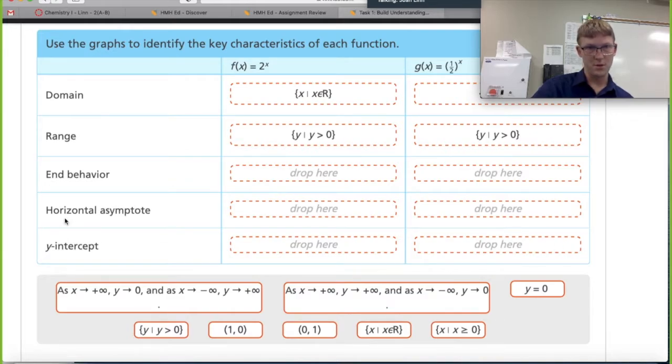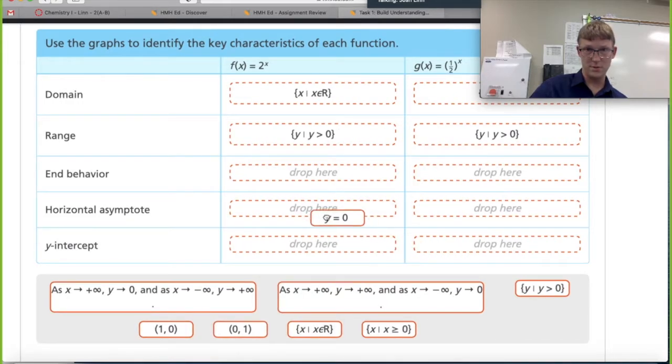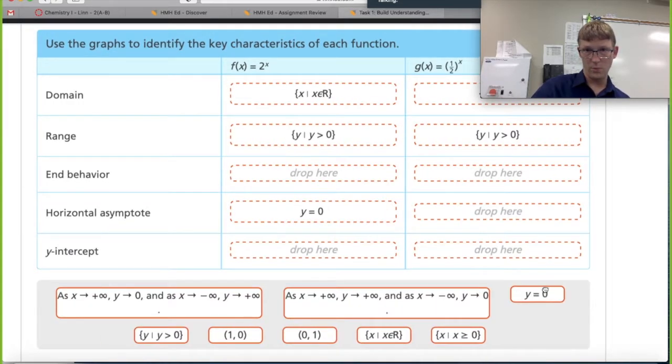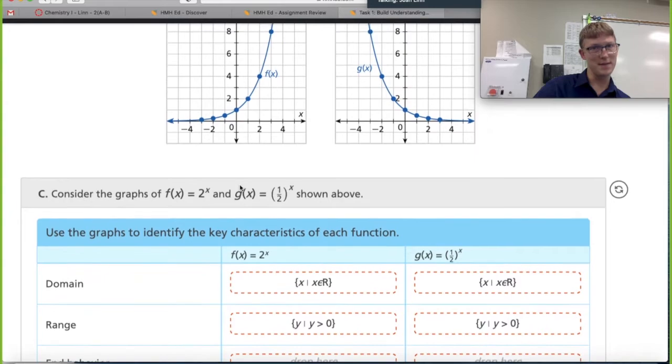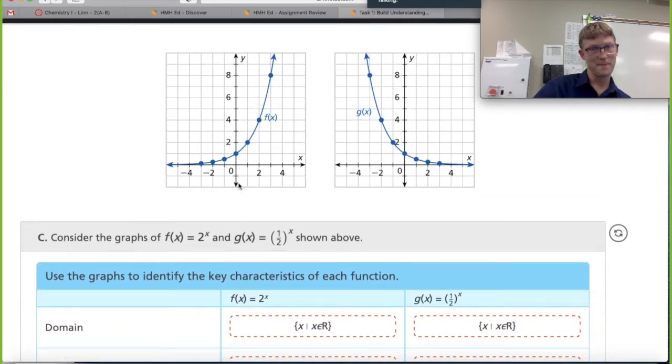So horizontal asymptote, we talked about that. It's going to be the same for each one. Y equals 0. And y-intercept. Oh, I'm sorry, I thought it meant x-intercept. I was like, it doesn't cross the x-axis.